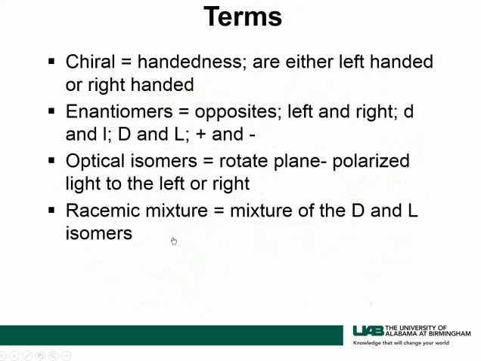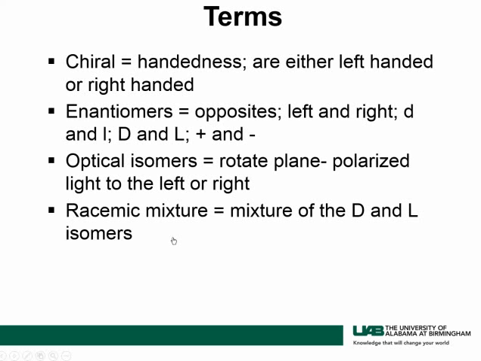Why is that important? Well, most amino acids, with a few exceptions, that are found in nature are L amino acids. And if you replace an amino acid in a protein from an L with a D, you're going to run into trouble. Now, why is chirality important?